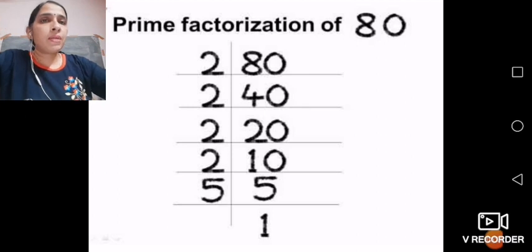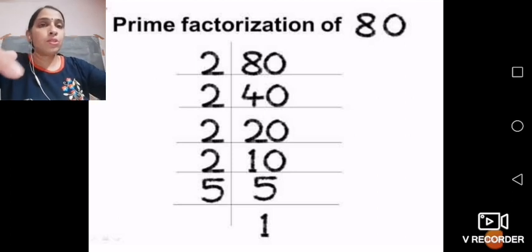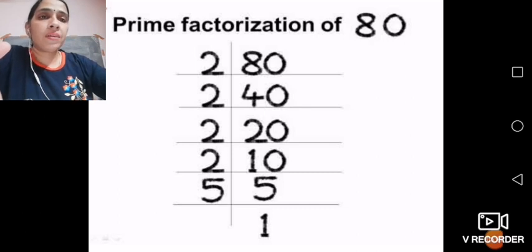80 will be divided by 2 first, then we will get 40, then again 40 will be divided by 2, you will get 20, then again 20 divided by 2, you will get 10, and then 10 divided by 2 and you will get 5, then 5 ones are 5.